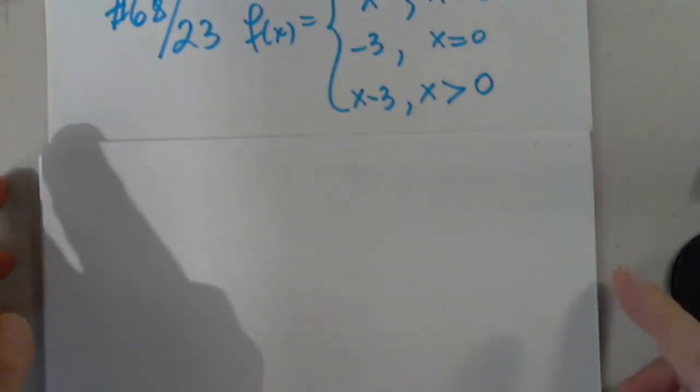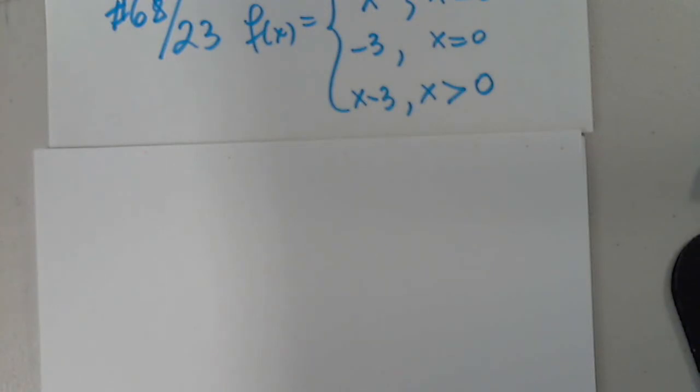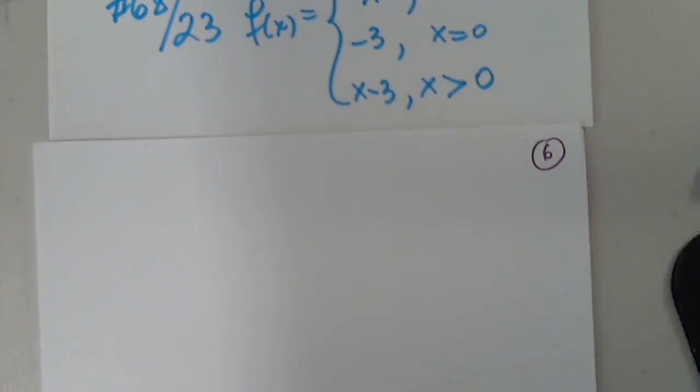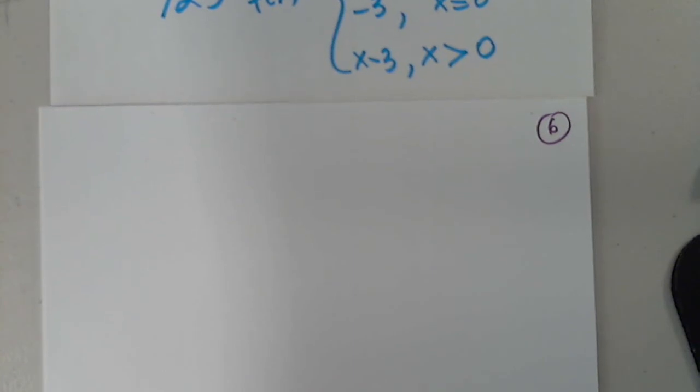Every time we are asked to graph a function, what is our first thought? What do we have to determine first? What is the very first thing we need to determine? The intercepts. Close. Even before that. Absolutely. Yes.